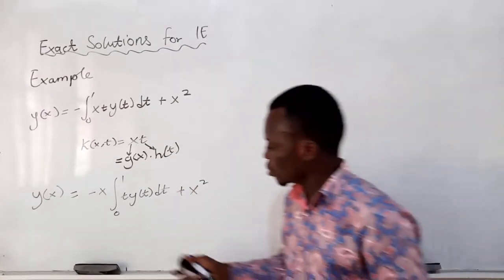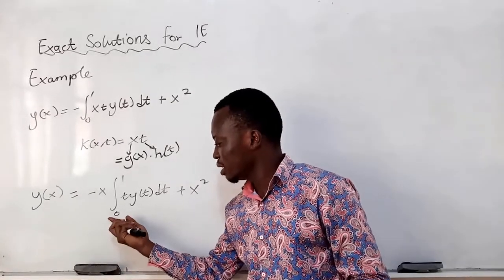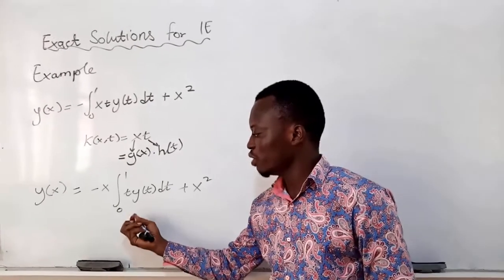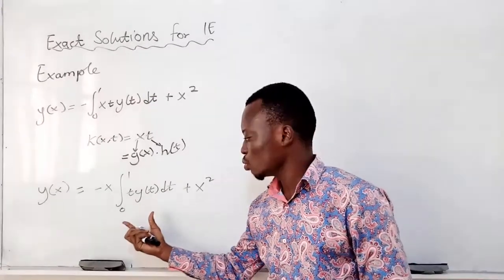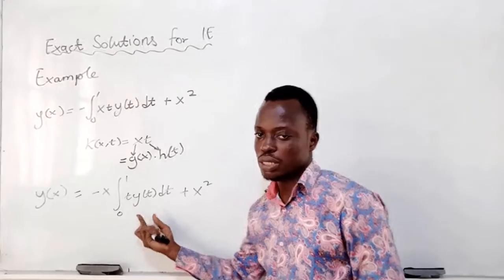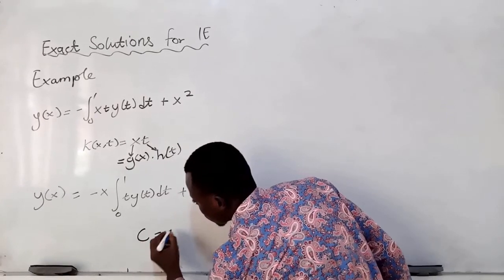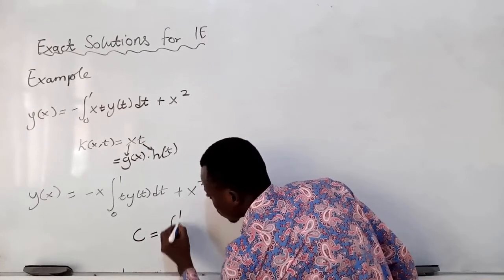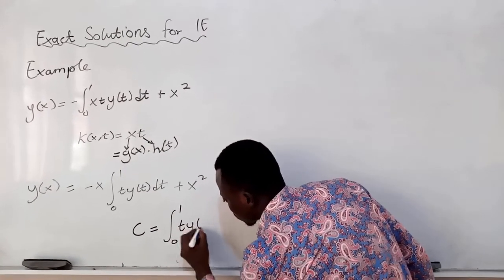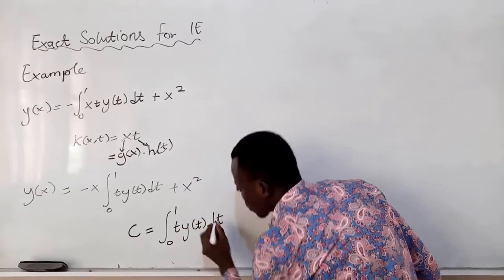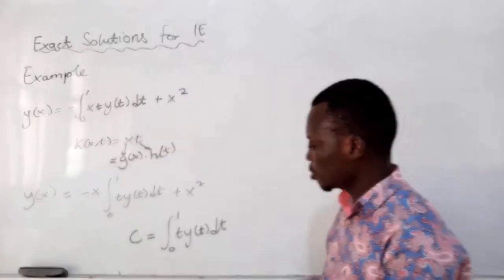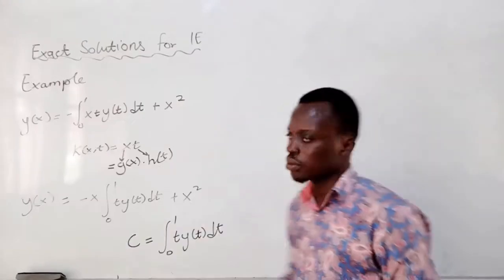We now let c be equal to this, because if you integrate this, you get a constant. So we now let c be equal to this, so that you substitute the c into this equation.